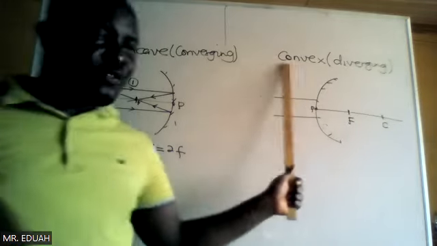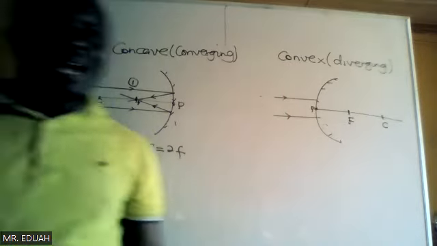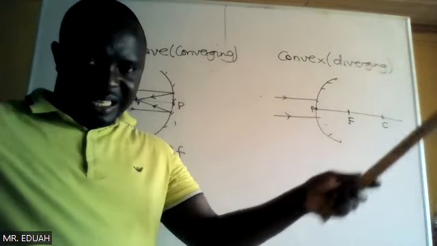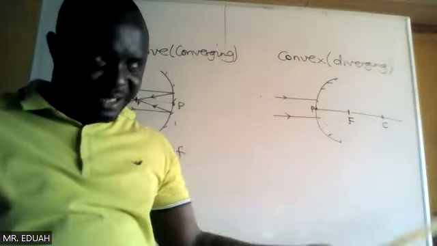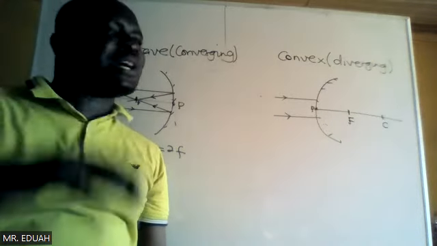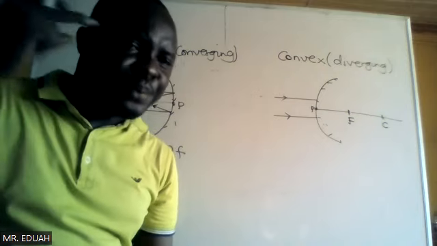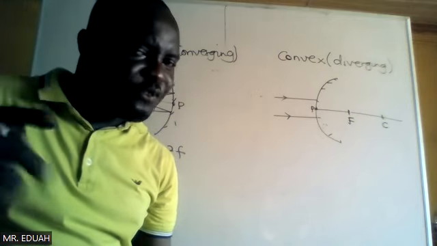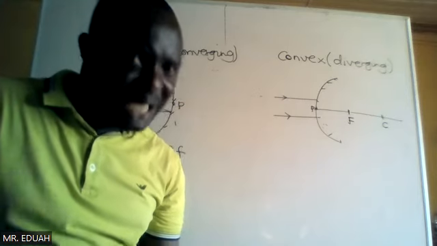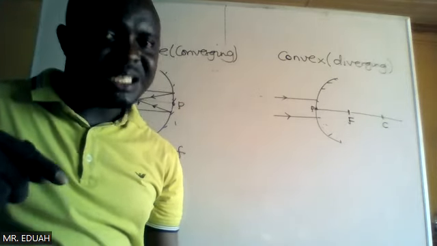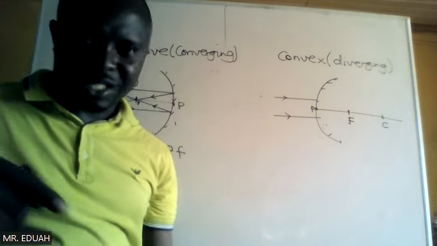This one, the convex mirror, diverges rays. It spreads out rays. But the diverged rays always appear to be diverted from a point behind the mirror. And this point is the principal focus.